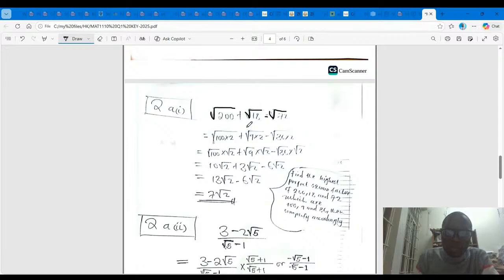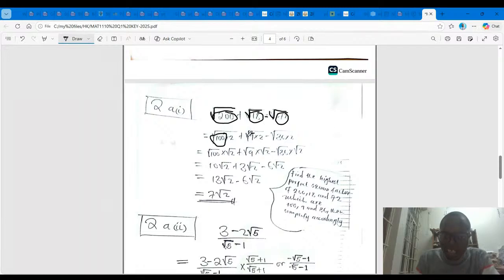So the easiest way to simplify surds, you look at the numbers that are inside there. Then you find their biggest perfect square factors. I've highlighted that here. So what is the highest perfect square of 200? I said it's 100. So you partition that number into 100 times 2. Then what is the highest perfect square of 18?